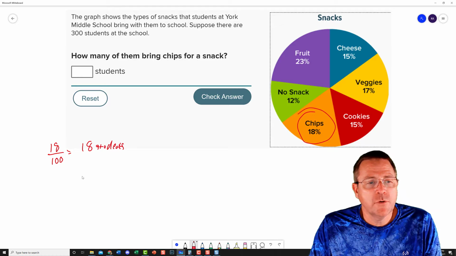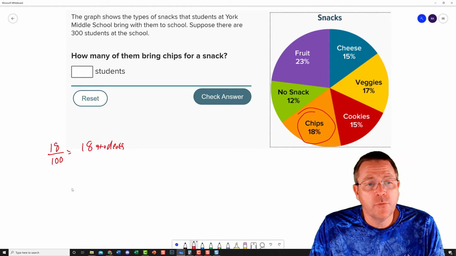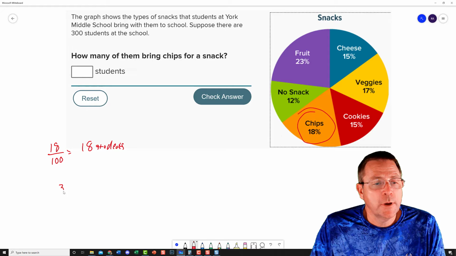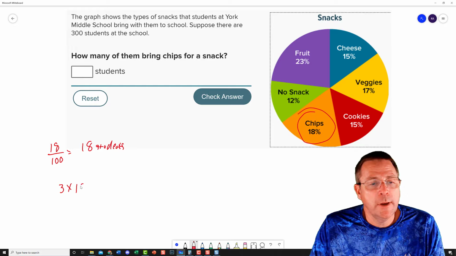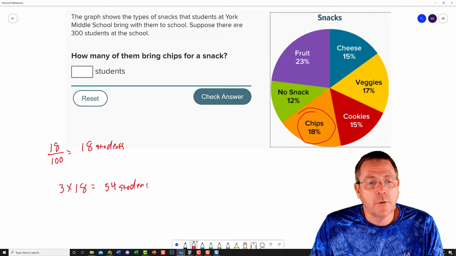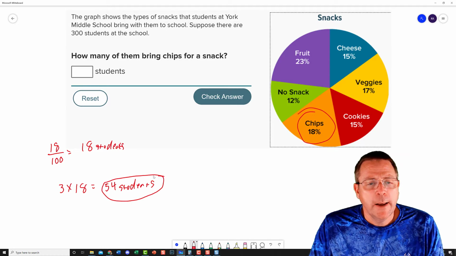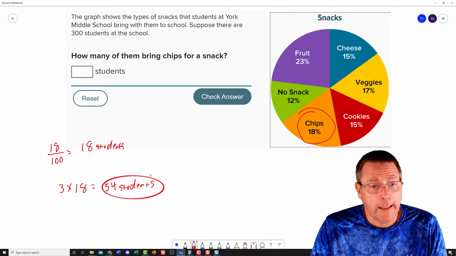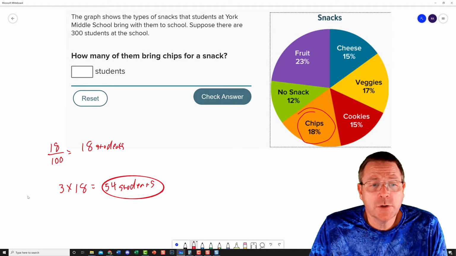But we don't have just one group of 100, we have 3 groups of 100. So your textbook said, from there you do 3 times your 18 to find out that's going to be 30 plus 24. That should be 54 students are going to prefer chips for their snack.